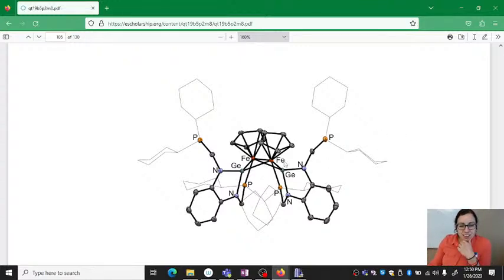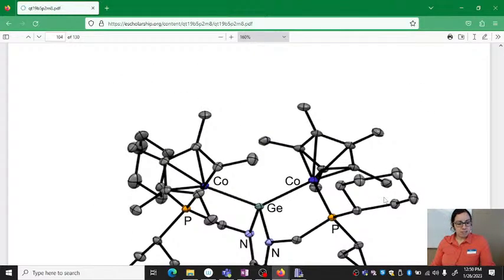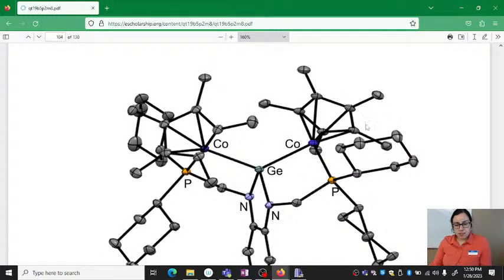So this is an iron dimer, and it has a little Cp ring attached to it. Here's more stuff. So this is Cp star.